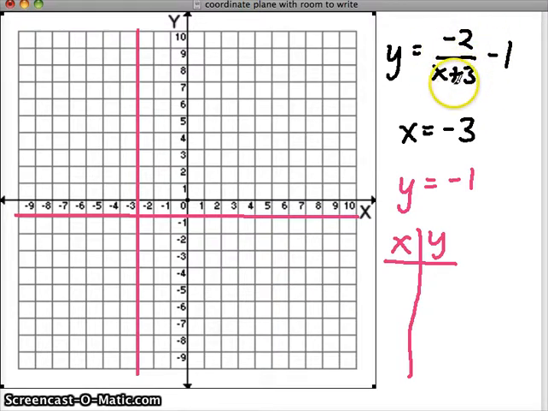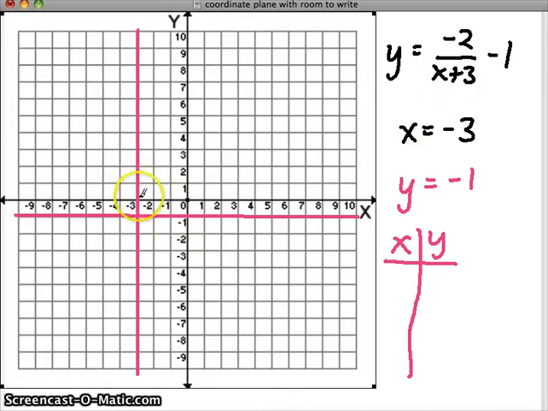Try not to use fractions when you're graphing, or anything that's just really hard to put on a graph. In general, if you use x values that are to the left or right of your asymptote, those are good values to use. Or y values, if you're doing inverses, would be above and below your asymptote here.